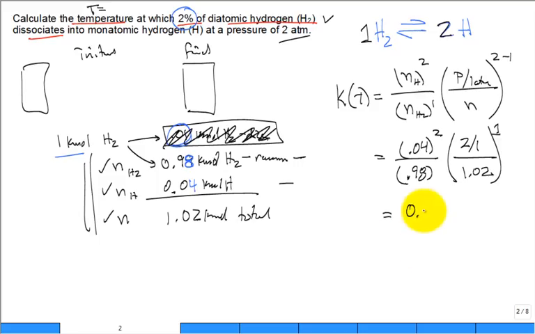Zero point... What'd you get? Something like that. Now what do I do to get the temperature? Well, I have to find the temperature such that the actual K gives me that value of 0.0032.